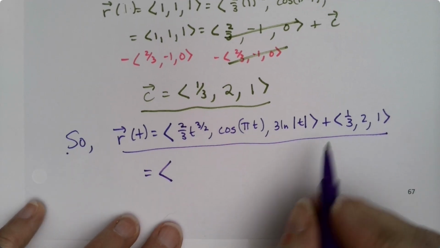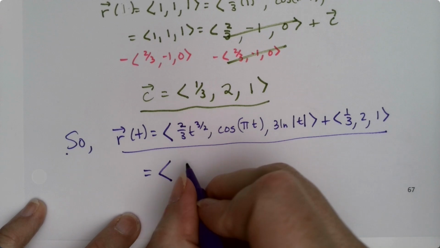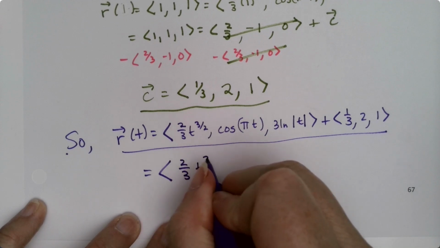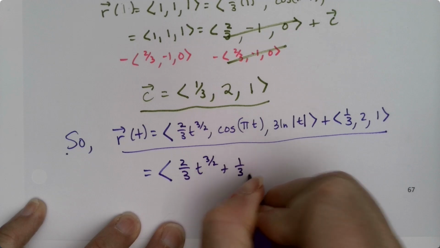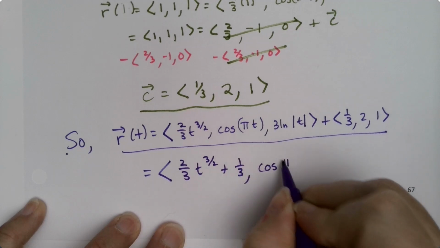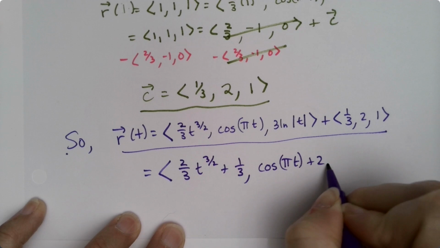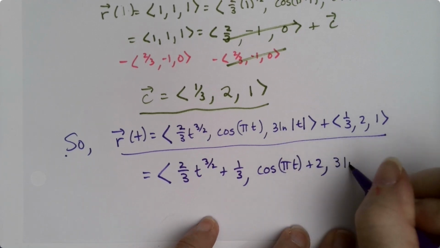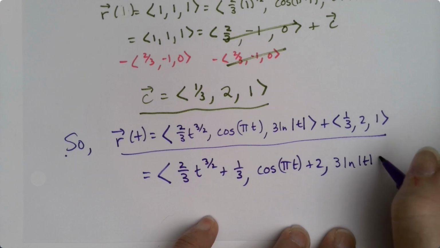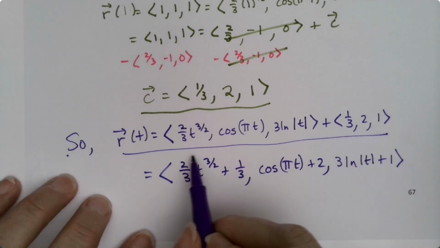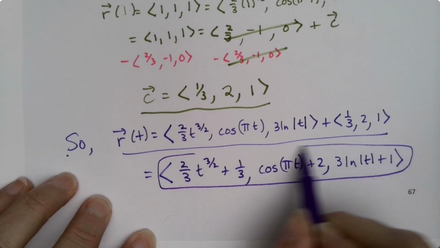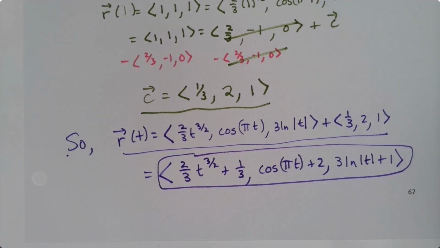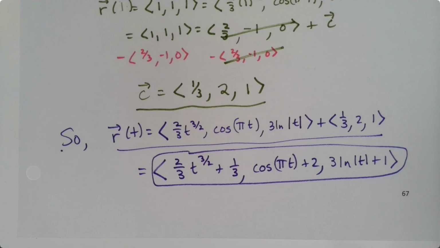It's not usually how we write these, so let's put this together. This is 2/3 t to the 3 halves plus 1/3, cosine of pi t plus 2, and 3 natural log of the absolute value of t plus 1. Hooray for the fundamental theorem of calculus and being able to find the original function given the derivative.